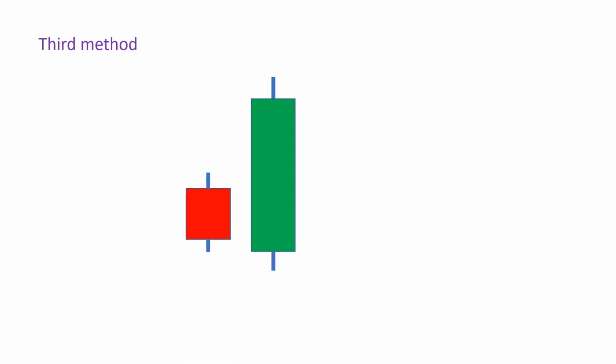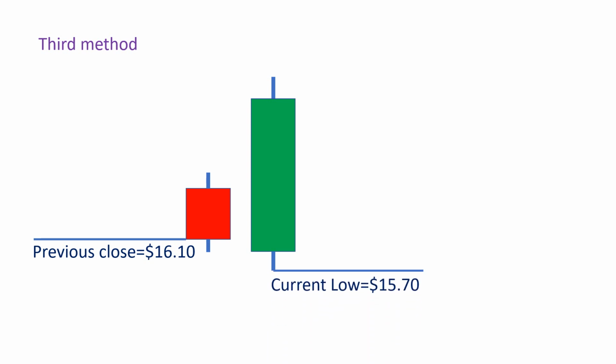The third method to calculate true range value, TR. Let's assume these are the first two candles, and this is the previous close, which is $16.10, and this is the current low, which is $15.70 for this candle.